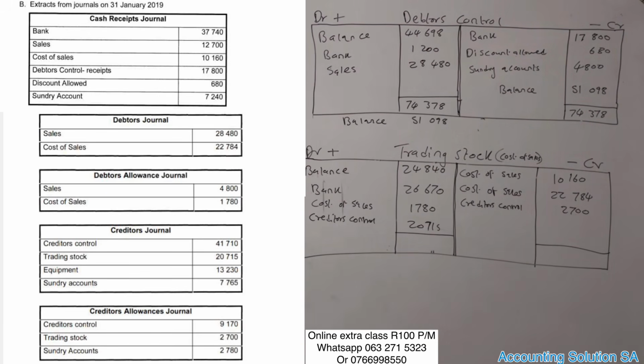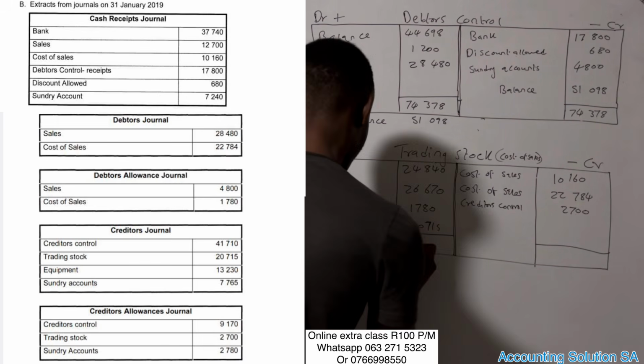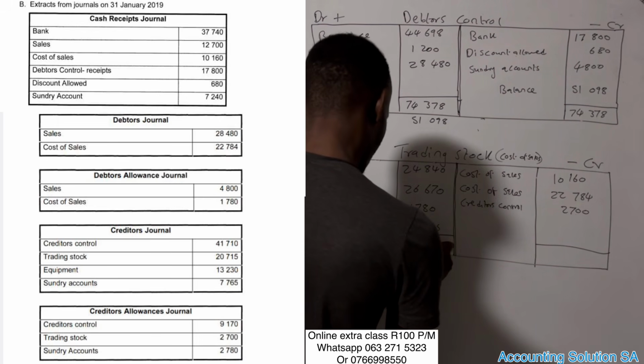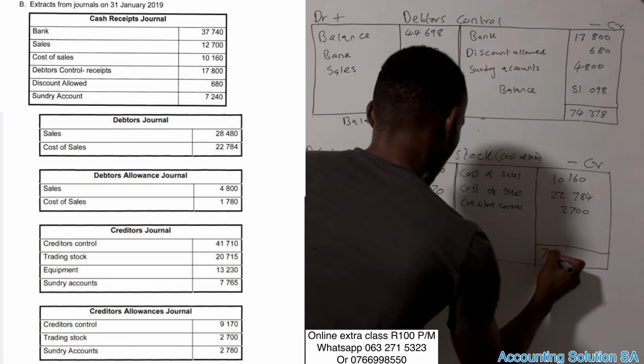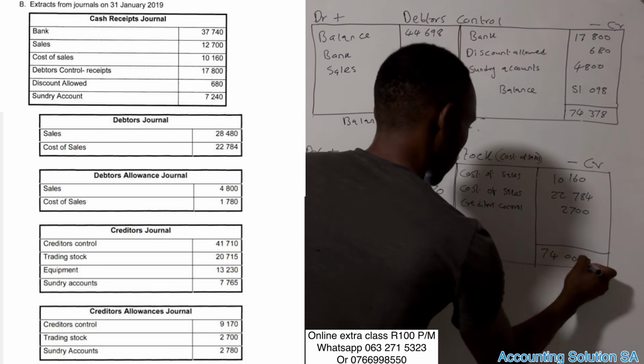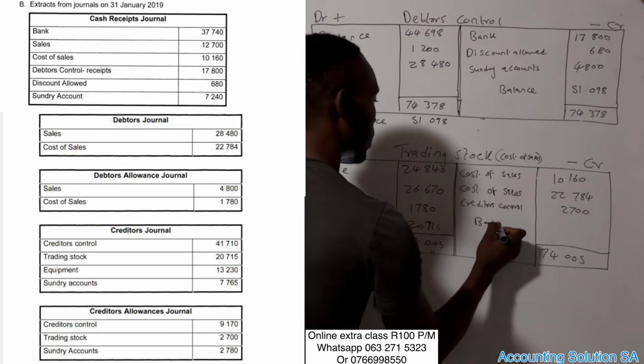Okay, which side is higher? It is debit by 74,005. 74,005, and we balance this side.